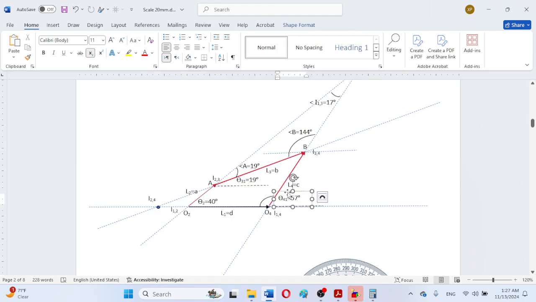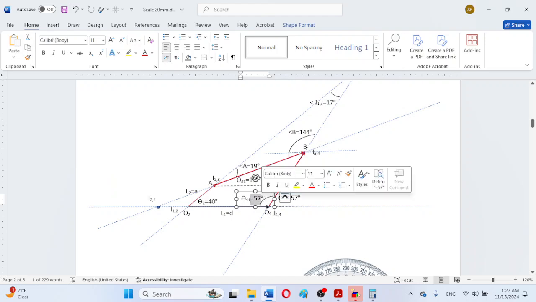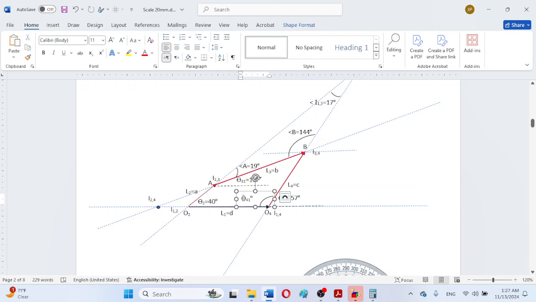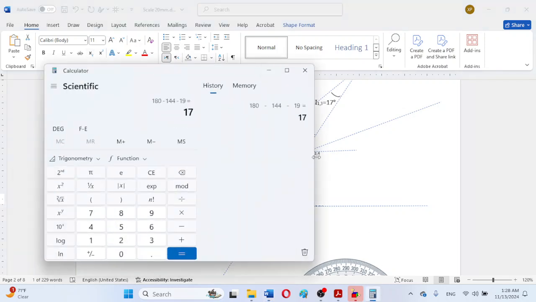So just copy this label from here. So this angle we can show here will be 180 minus theta 41, which will be equal to actually 180 minus 57.